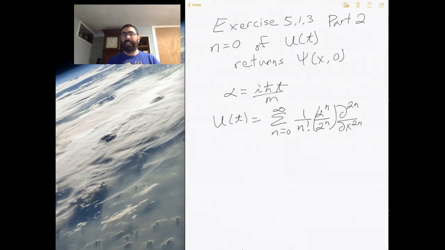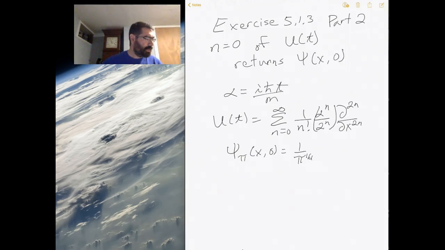I'm also going to get tired of carrying around this 1 over pi to the 1/4 power. So why don't I create a new shortened version of the initial wave function and call it psi tilde of x, 0, which is the rest of it, the initial wave function without the pi to the 1/4 power.